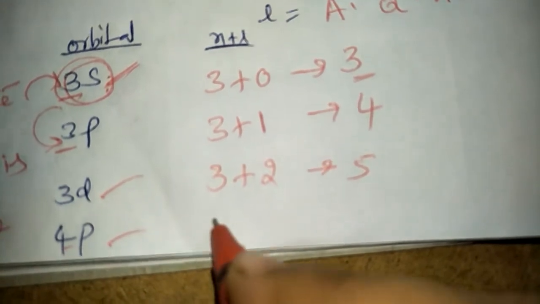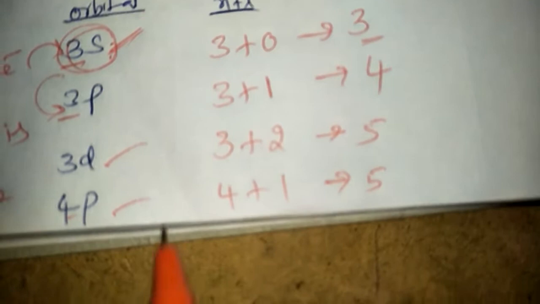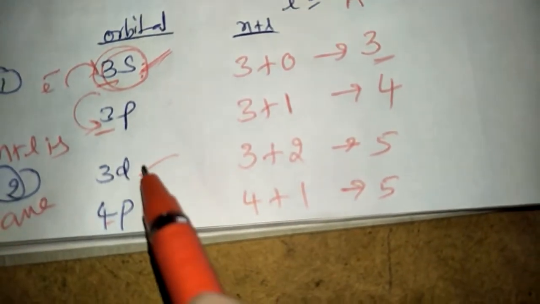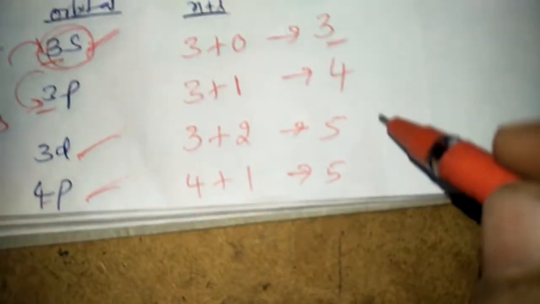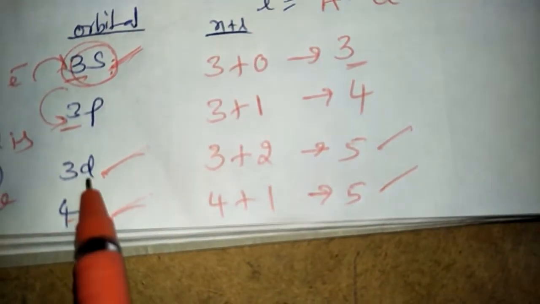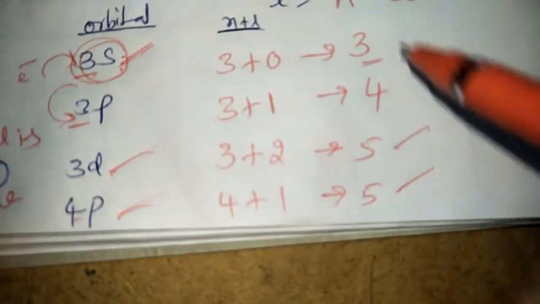For 4p, n value is 4, p value is 1, total 5. So the n plus l value for the 3d orbital and 4p orbital is the same. That means the two orbitals have the same energy according to the n plus l value.